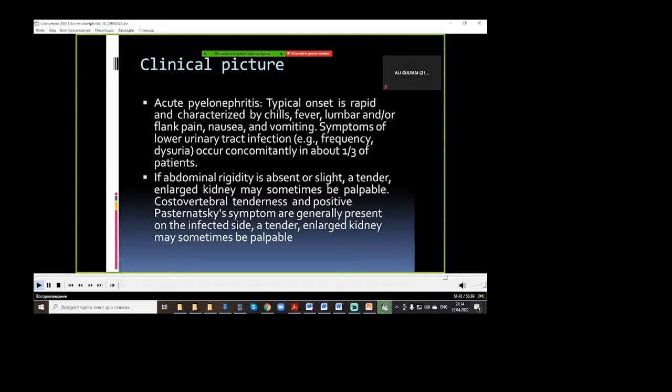If abdominal rigidity is absent or slight, a tender enlarged kidney may sometimes be palpable. Costovertebral tenderness and positive Pasternatsky symptom. So the costovertebral test will be positive, bilateral in case of bilateral pyelonephritis and unilateral in case of unilateral pyelonephritis. Unilateral pyelonephritis is more common.